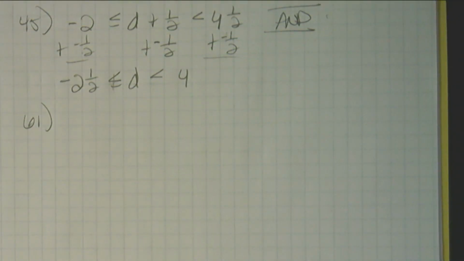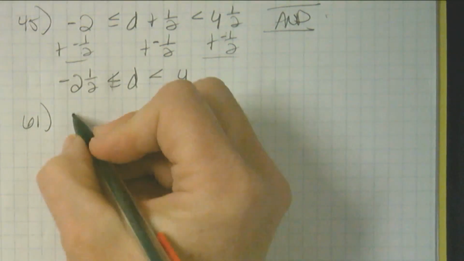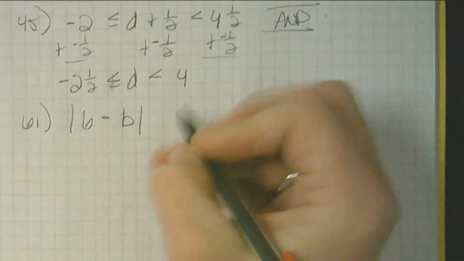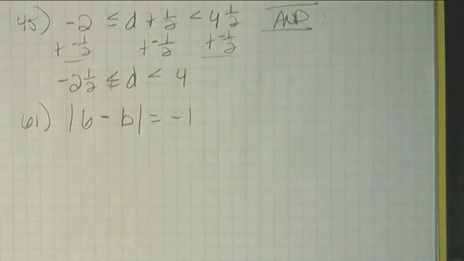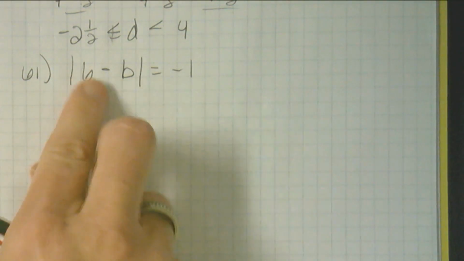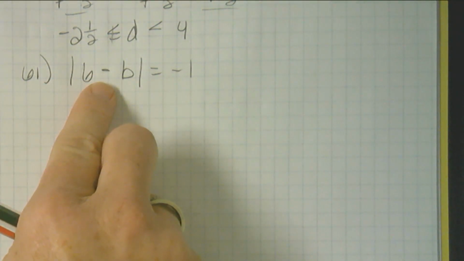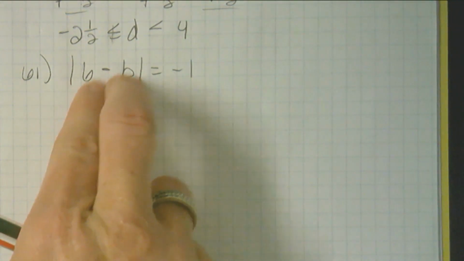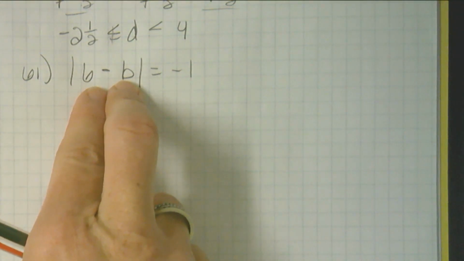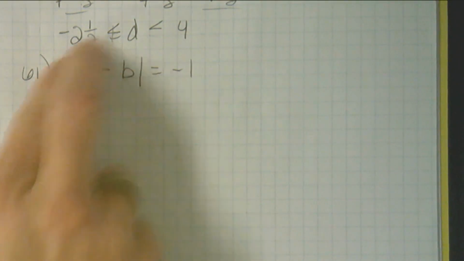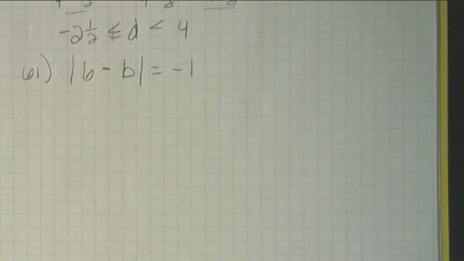61 had us doing just a plain old absolute value equation. So the absolute value of 6 minus b is equal to -1. Because they're equations, we just split them. Well, first of all, is it possible that whatever I put in for my b, when I take the absolute value of this math, I'm going to get a -1?